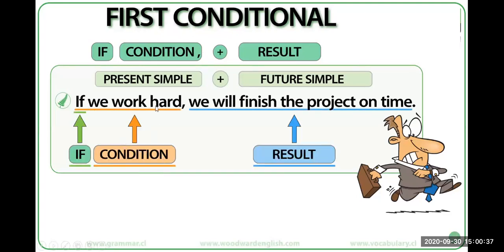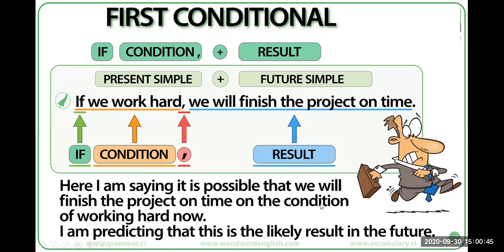This is our condition, the clause with if, and here we have the result. Here I am saying it is possible that we will finish the project on time on the condition of working hard now. I am predicting that this is the likely result in the future.